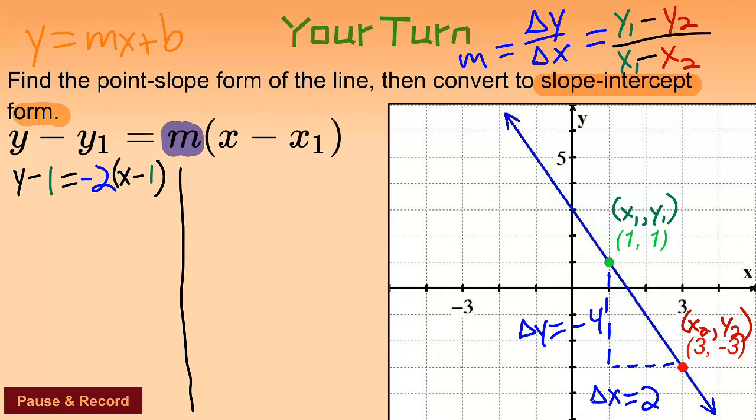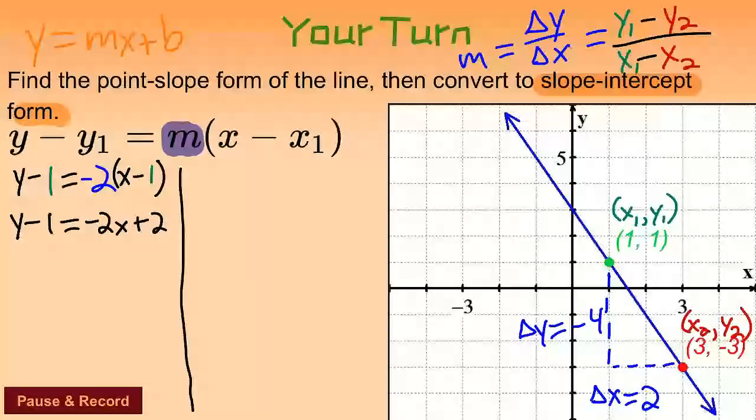All right. Now what I'm going to do is distribute that negative 2. So I'm going to have y minus 1 on the left, negative 2x plus 2 on the right, because negative 2 times x is negative 2x. Negative 2 times negative 1 is positive 2.